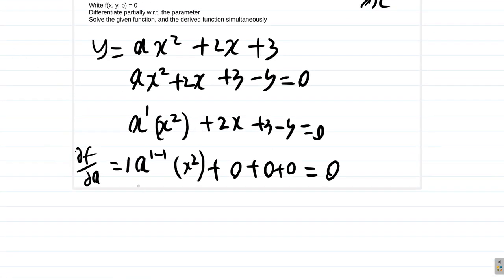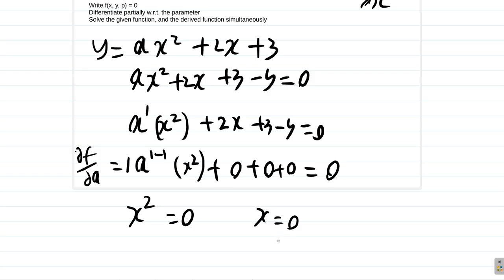So what you have here is 1 times a to the 0 times x squared. a to the 0 is 1, so it all boils down to x squared equals 0. So what this seems to be saying is that x equals 0.